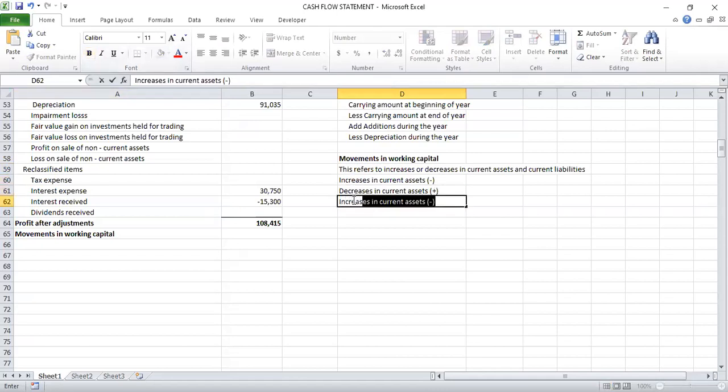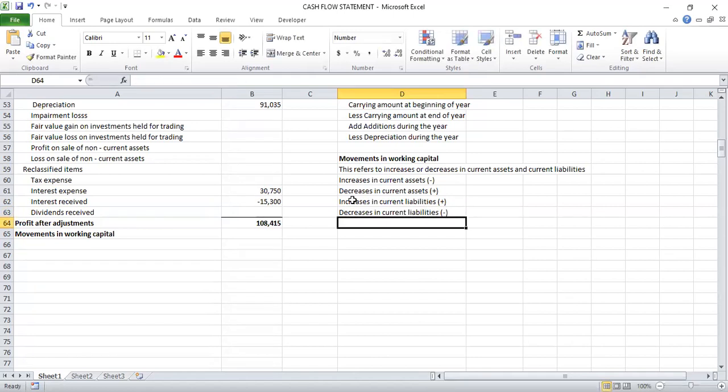Increases in current liabilities, it's a plus because it means we've been funded by current liabilities. Decreases in current liabilities, it's a minus because it means we've paid them.